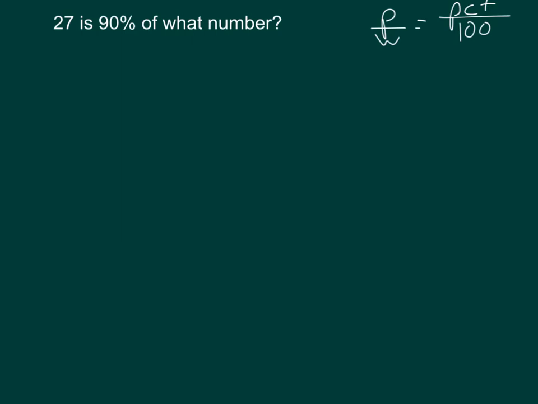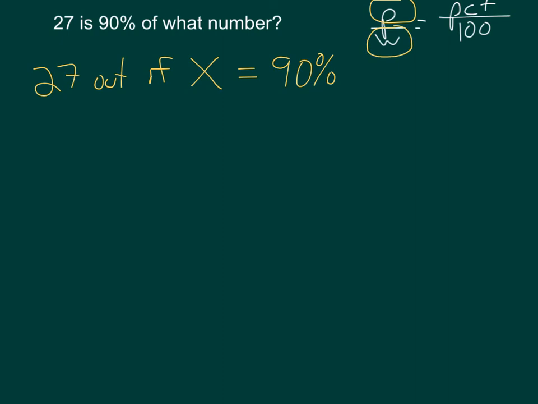The last type of problem we're going to look at asks you 27 is 90% of what number? Another way of writing this is 27 out of what number equals 90%? That's much easier for us to understand because we know that the part is 27. We're looking for the whole because we have a percent over 100.